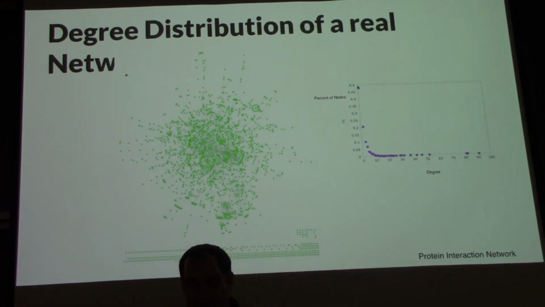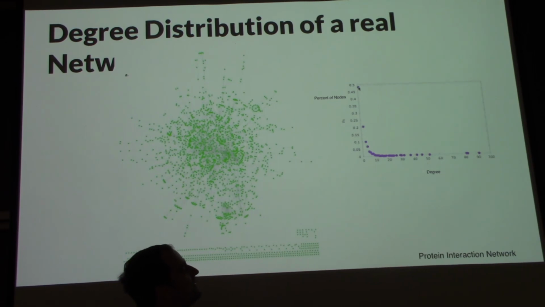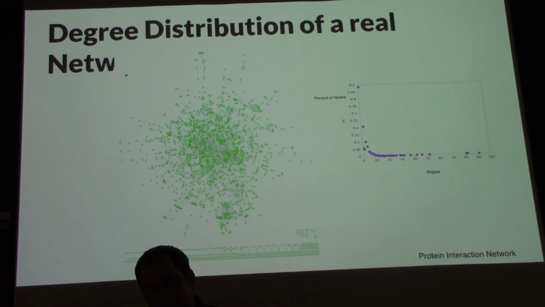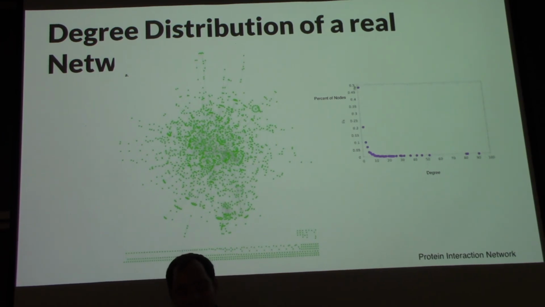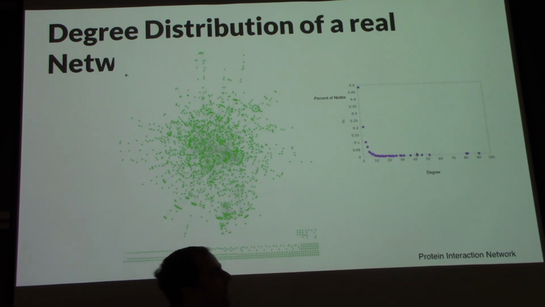You can see that about half of the nodes have a degree of 1 or 2 in this protein interaction network. I can't really read whether this is 1 or 2, but probably that's 1. And then about 20% have a degree of 2, and so on. This is kind of a logarithmic effect that we see here, that very few nodes have a very high degree.